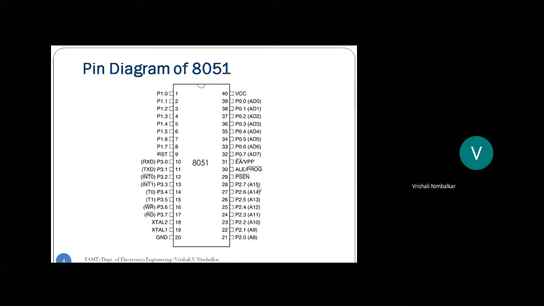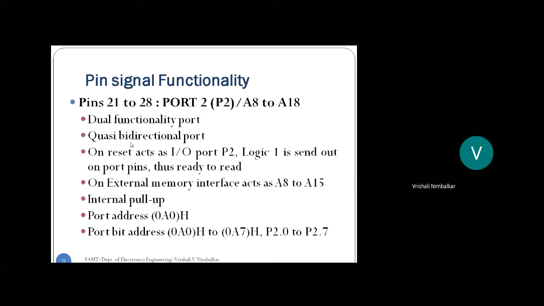So port 2, pins 21 to 28, are also combined with A8 to, sorry, this should be A15. By mistake, I did write A18. A8 to A15. Okay. It's a dual functionality port. What dual function? It acts as an input-output port, or it acts as an address line.